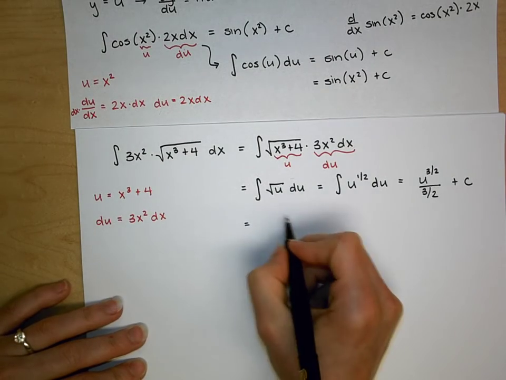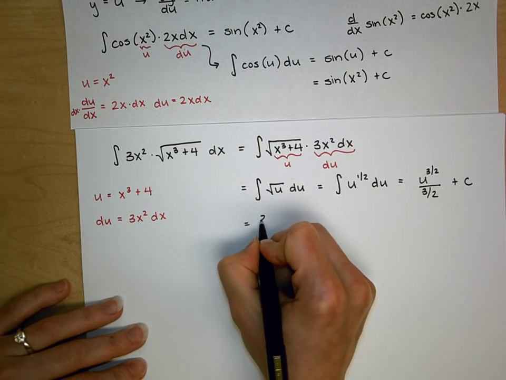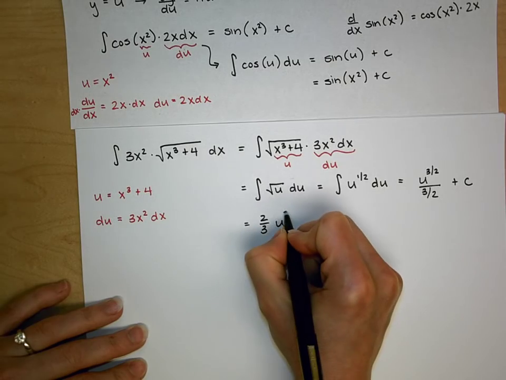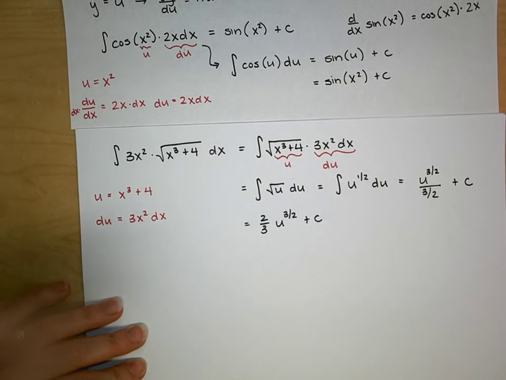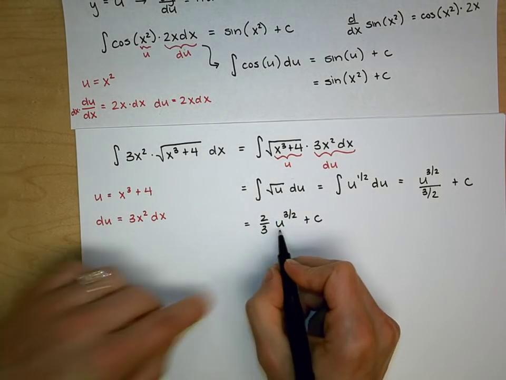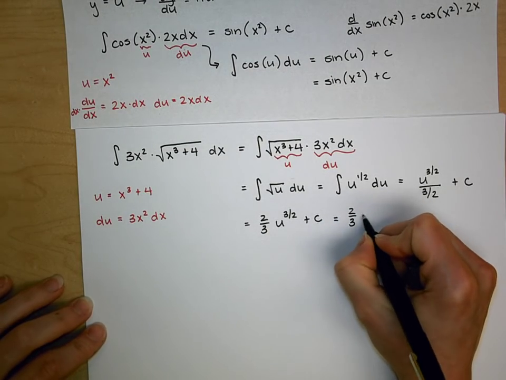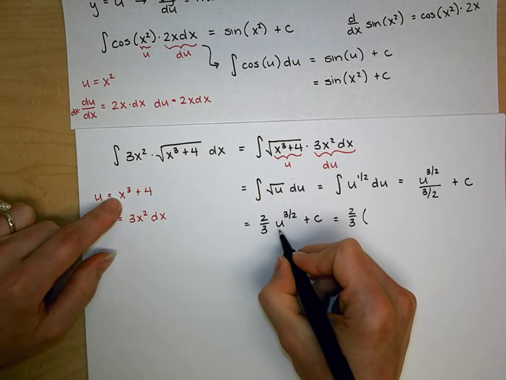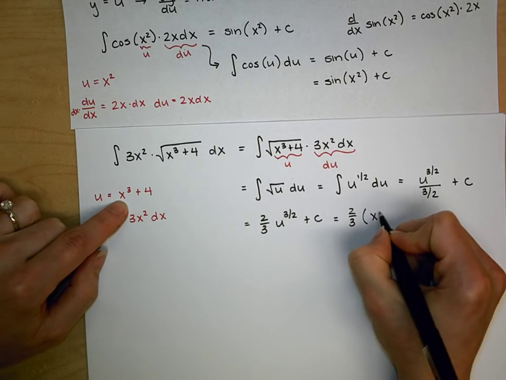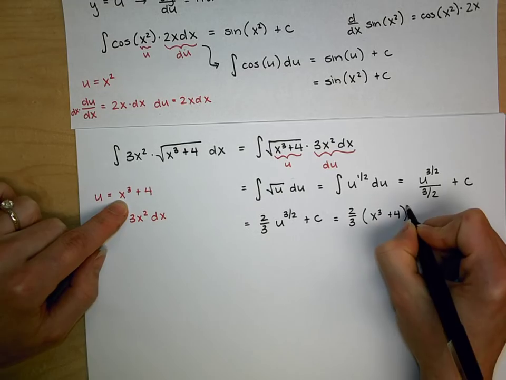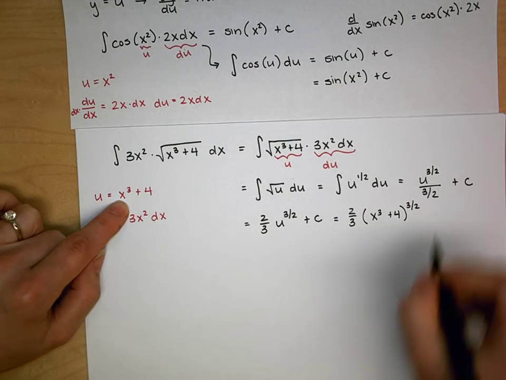Okay, so let's just simplify this. Dividing by 3/2 is the same as multiplying by 2/3. And I'm still not quite done because I want my integral to be in terms of x. So we will again plug in what u was. u was x cubed plus 4, so we get 2/3 times (x cubed plus 4) to the 3/2 plus c.